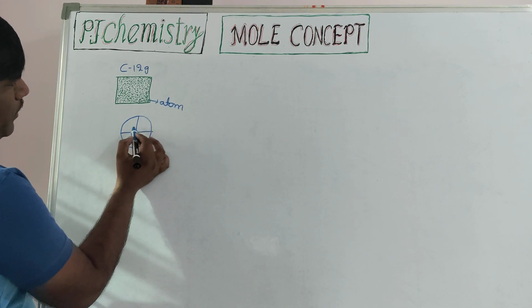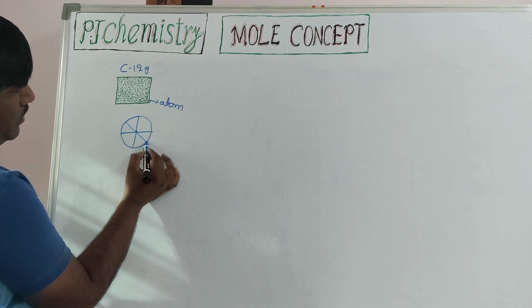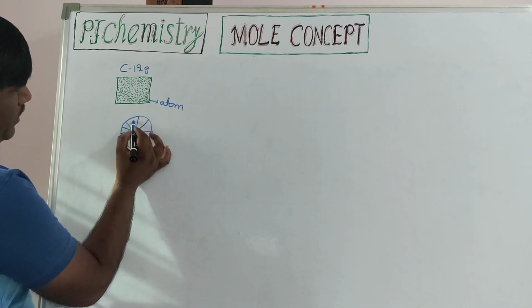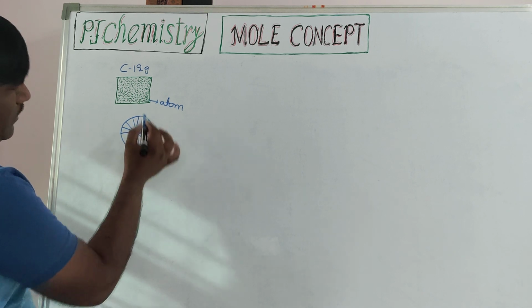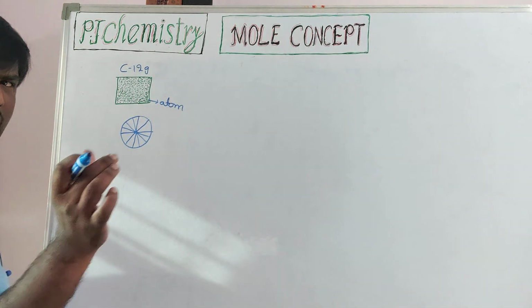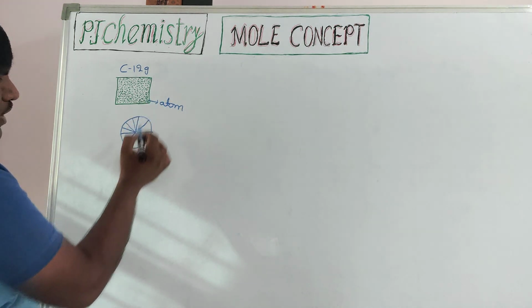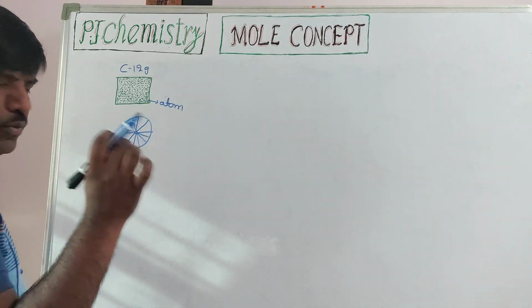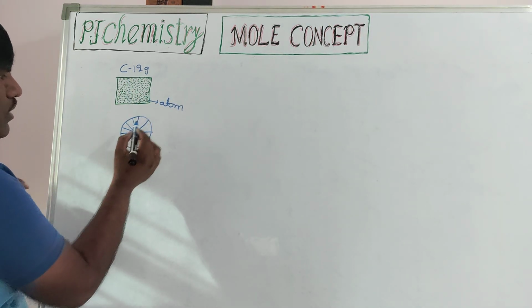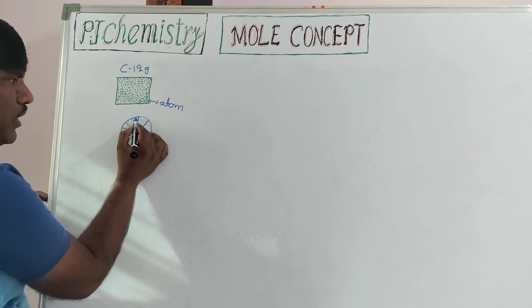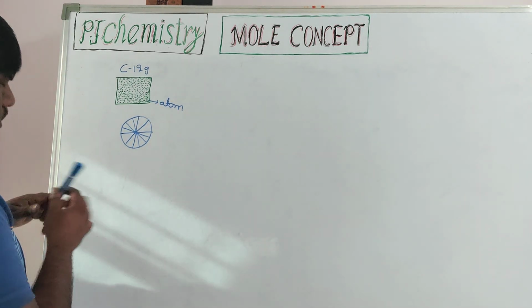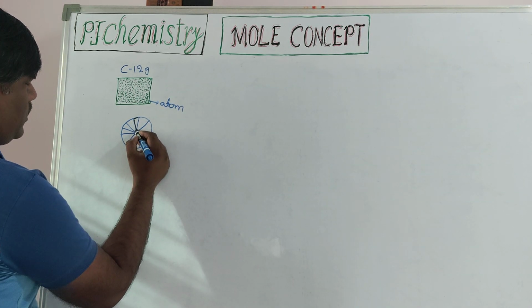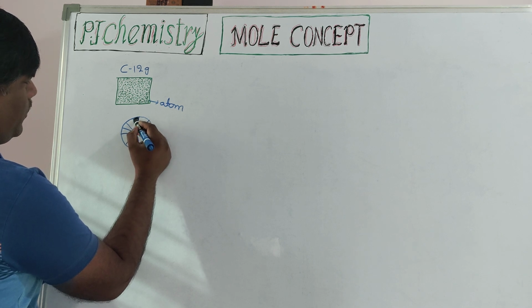We divided the small atom into 12 parts because AMU we need. So 1 by 12th part, 1 by 12th part, this one unit, 1 by 12th part.